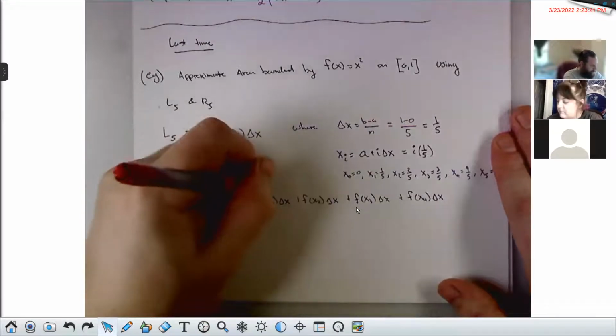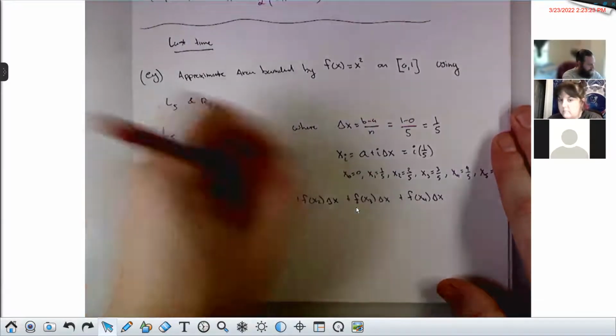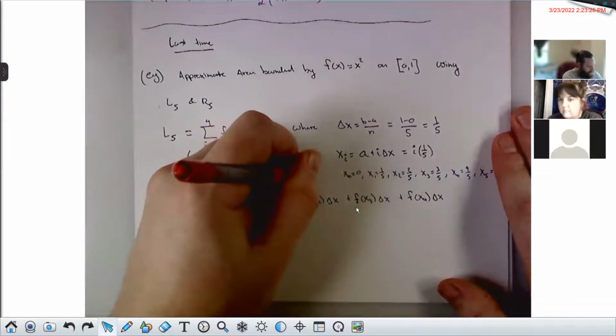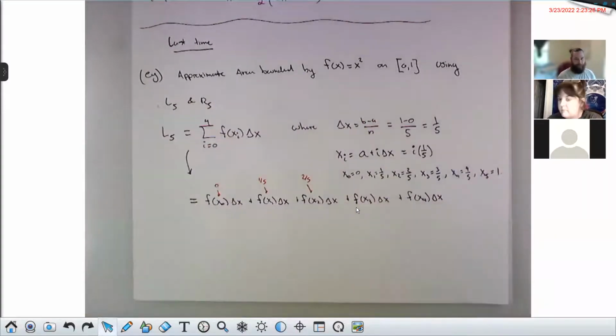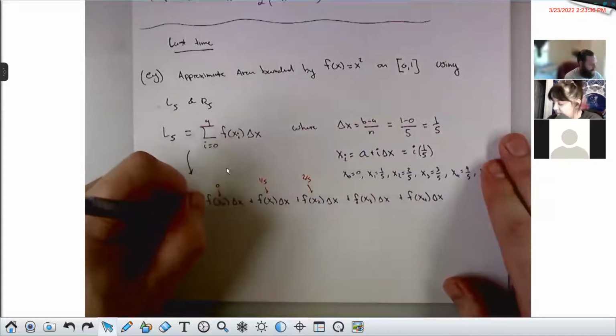This is 0, 1/5, 2/5, and so on. And f of x is x squared. So f of 0, I'm going to plug everything in here now.